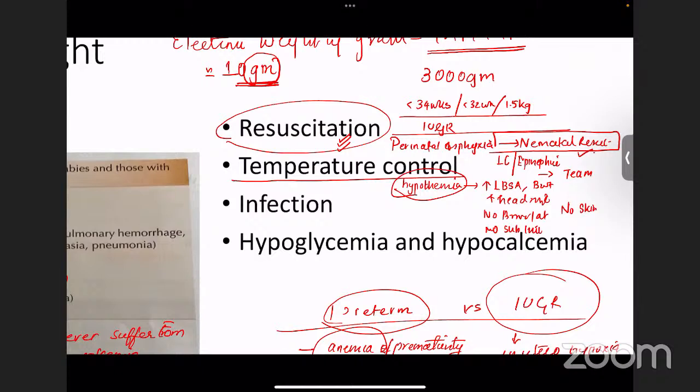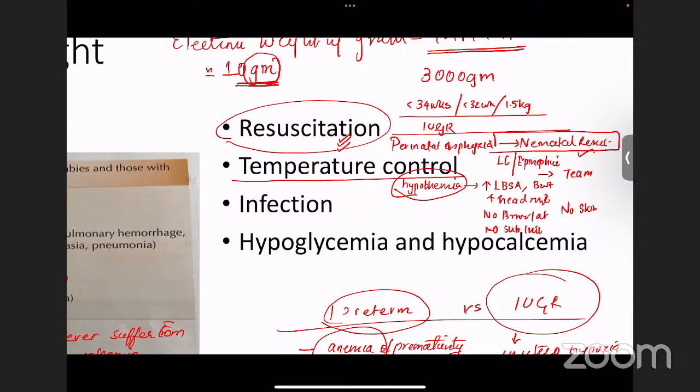And in the previous class itself, I told how to take care of temperature regulation for a preterm baby. What are the things you should do? Always receive this baby in a pre-warmed towel. The radiant warmer should be on 30 minutes before the anticipated delivery. Never dry the baby.